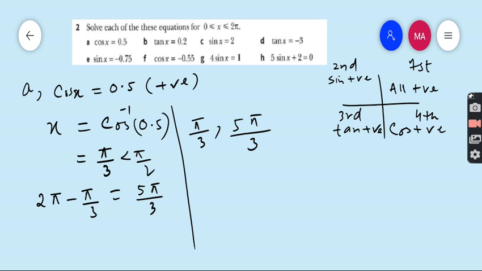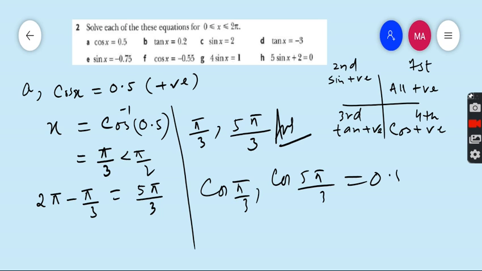If you have any doubt whether these two values are correct, just find cos of pi by 3 and cos of 5 pi by 3, and you will get 0.5 again. This checking assures you that your answers pi by 3 and 5 pi by 3 are 100% correct.